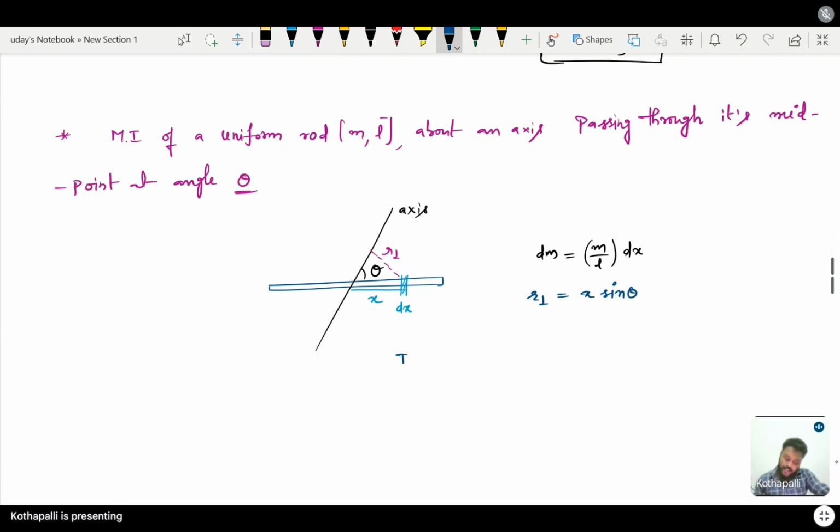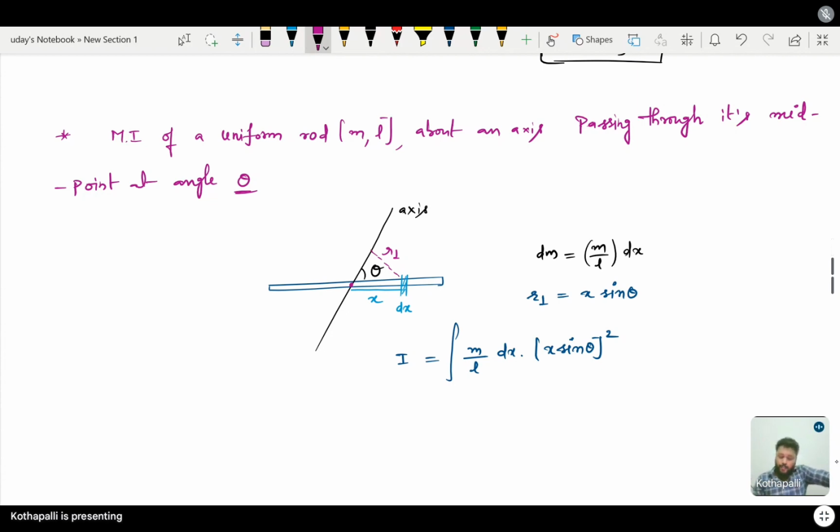Now the total moment of inertia will be the integral of m by L into dx into x sine theta, the whole square. But the limits: if you see clearly, I am taking this point as a reference point or reference line. One part of the rod is on the left side, and the other part of the rod is on the right side.